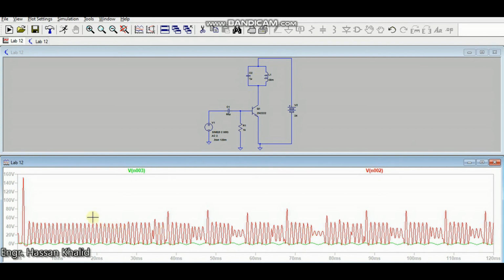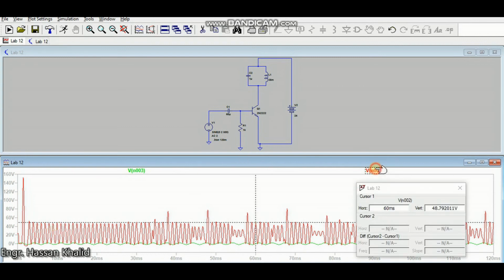So that's why the first spike is at 150 volts. However, at the second, when these oscillations are damped, the amplitude has decreased to the level of 46 volts, and after that in the third level it's 37, and in the fourth level it's 32, and fifth and sixth it's 28.6.